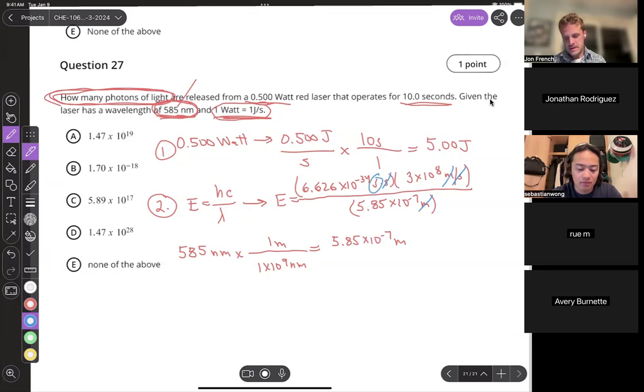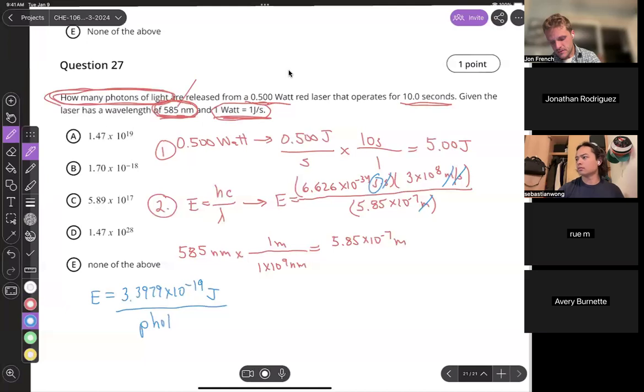So we're going to find the energy of 1 photon of light. Dividing that by 5.85 times 10 to the minus 7, we get the energy for 1 photon is 3.3979 times 10 to the minus 19 joules, and that is per single photon.